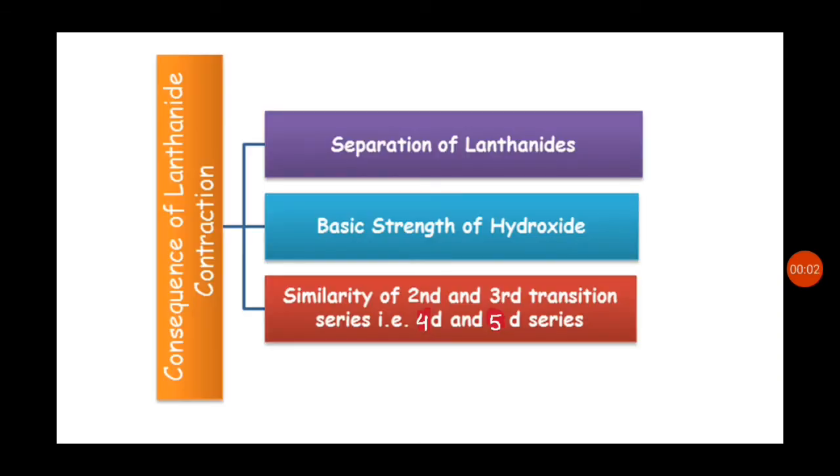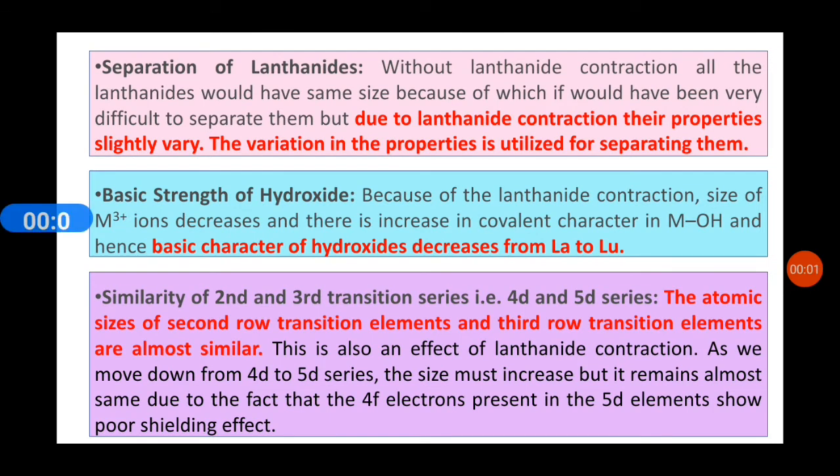Consequences of lanthanoid contraction. There are three main consequences. The separation of lanthanoids become easier, then basic strength of hydroxides decreases, then similarity of second and third transition series, that is 4d and 5d series. Let's take these one by one. First consequence is separation of lanthanoids become possible.